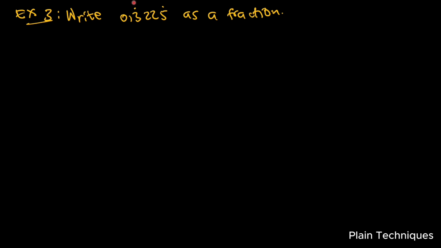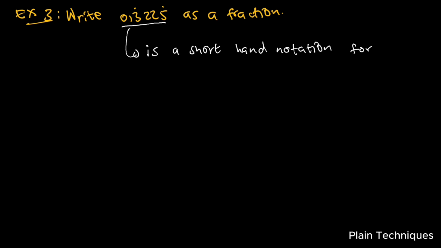One thing to note about this type of question is that this whole thing is a shorthand notation, meaning it's just a summary or another way to write it. It's a shorthand notation for 0 comma 3 2 2 5.